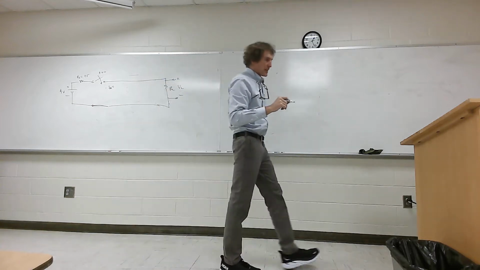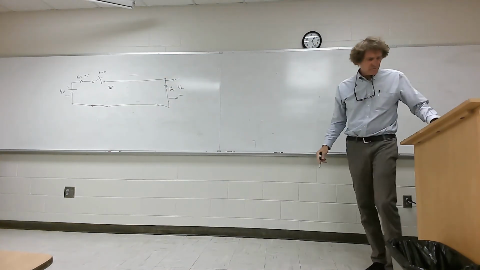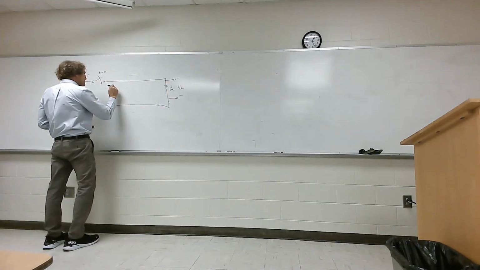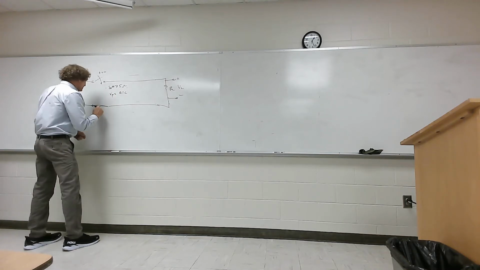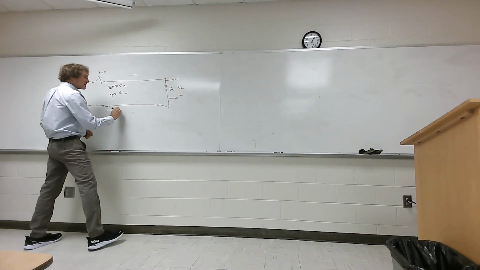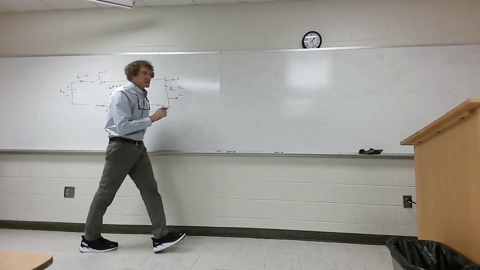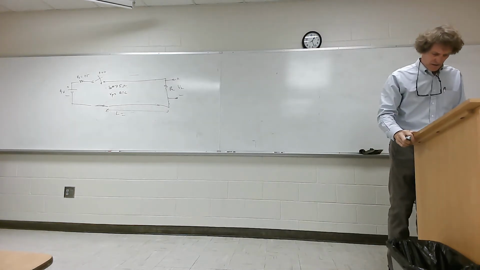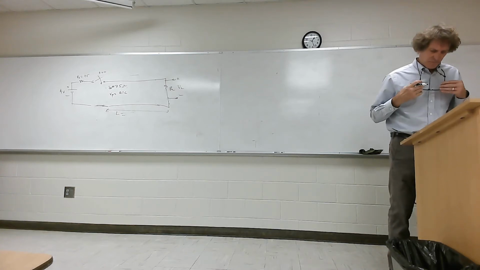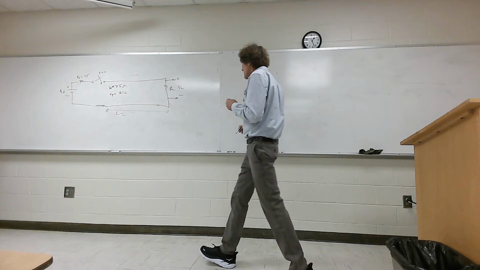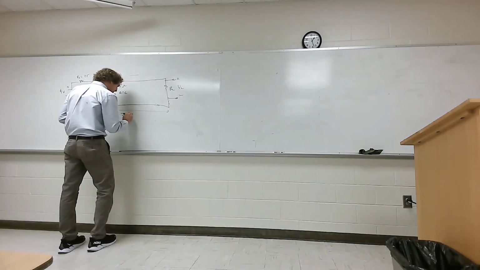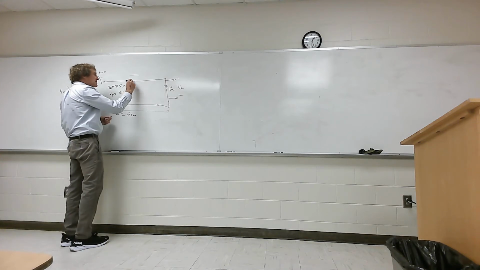This is 75 ohms, the phase velocity is 0.1 C. And the length of this line is 6 centimeters. And we want the voltage right here in the middle of the line.